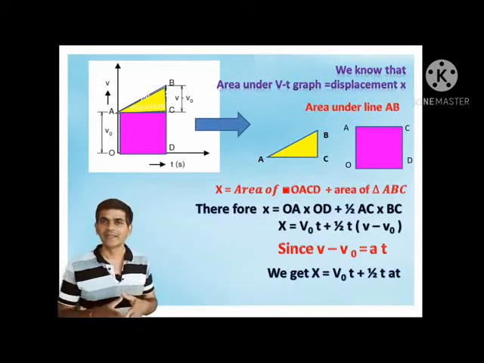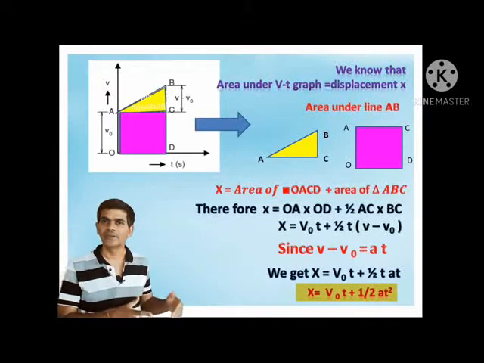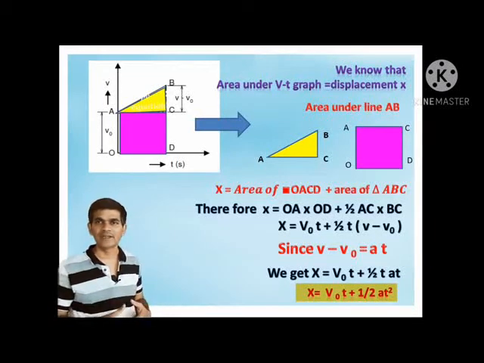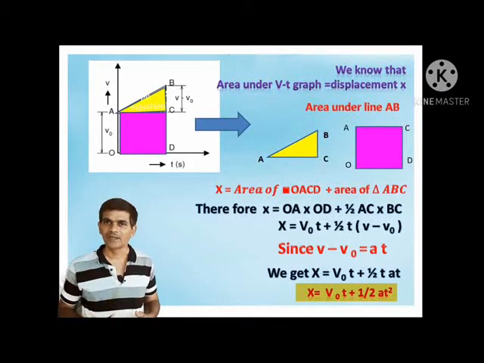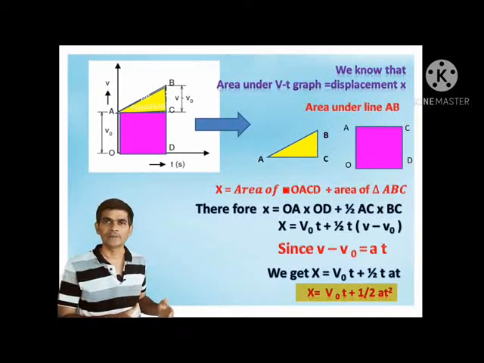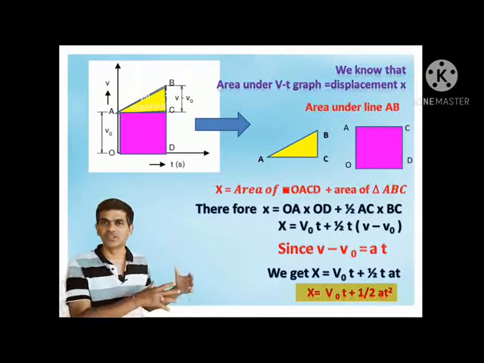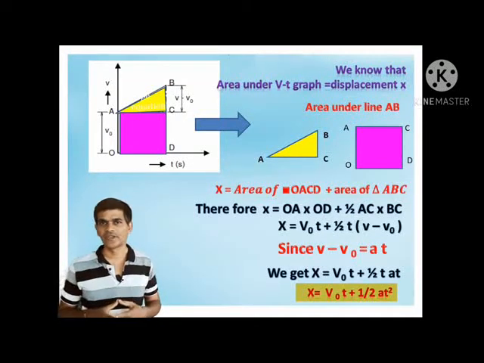Then we get displacement x is equal to v0 t plus half into t into at. Then t and t give t square. Finally we get the equation displacement x is equal to v0 t plus half a t square. And this is the second equation which is derived using the velocity time graph.